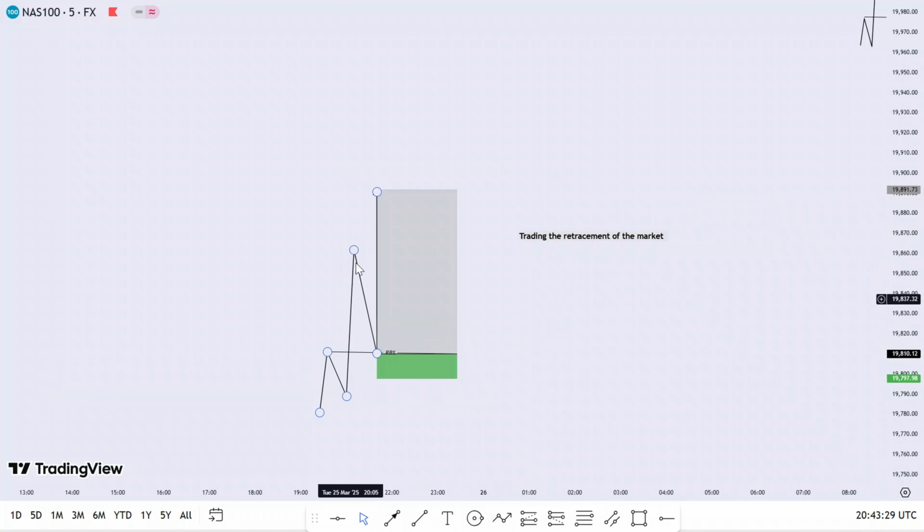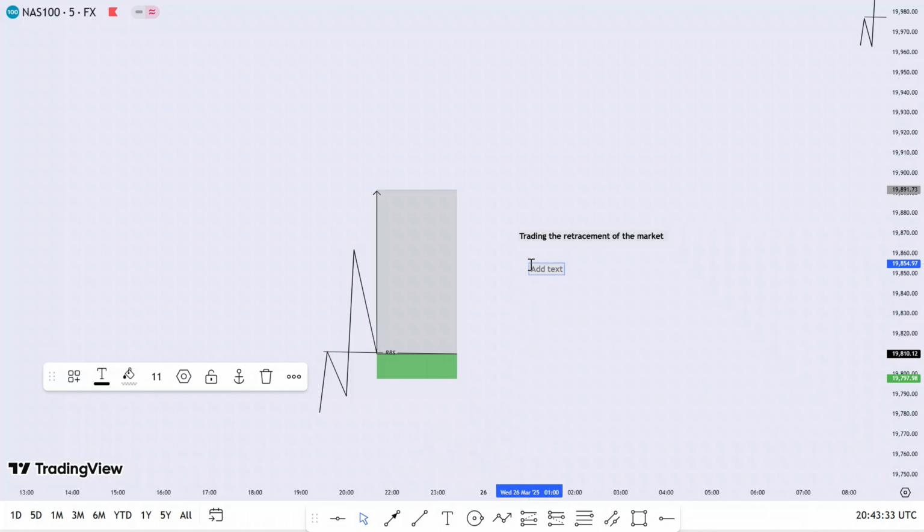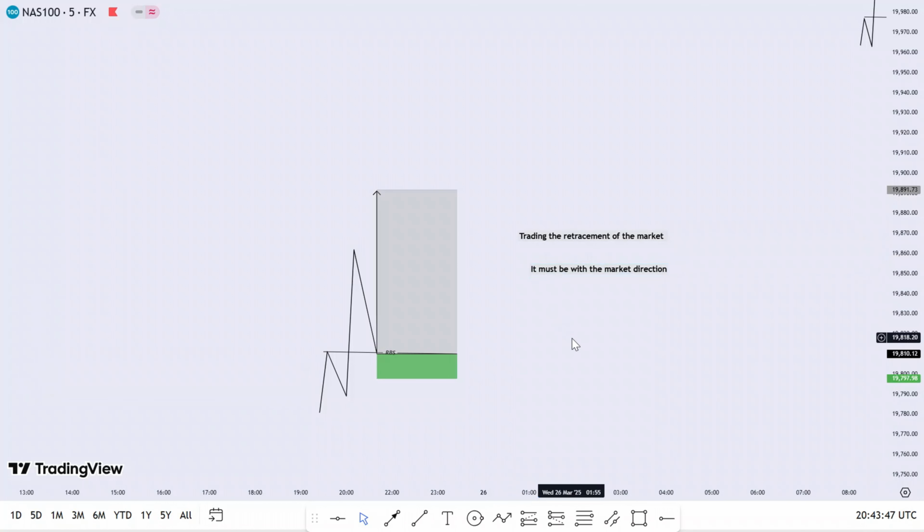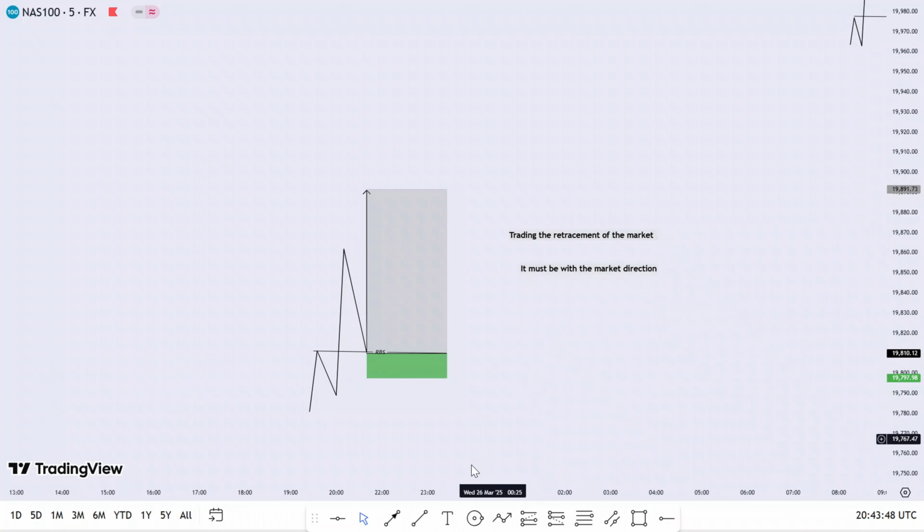Okay, as soon as it breaks a significant high, you are trading the pullback of it, and it must be with the market direction.